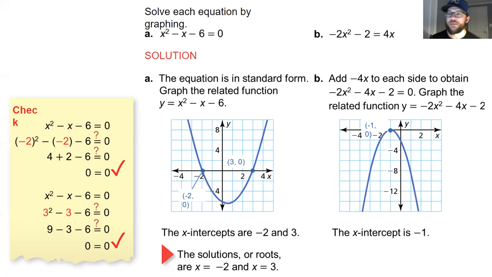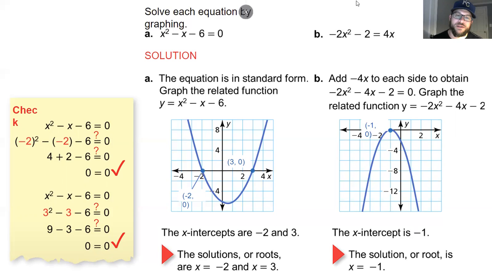Sometimes there will be 2, sometimes there will be none, meaning no solutions, where your graph never crosses the x-axis, but it will never be more than 2. So in part B, it's just one solution, which is -1. And then you could always plug that back into your equation and check to see if that is actually equal to 0.